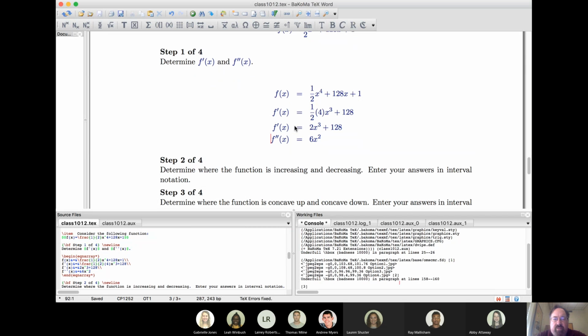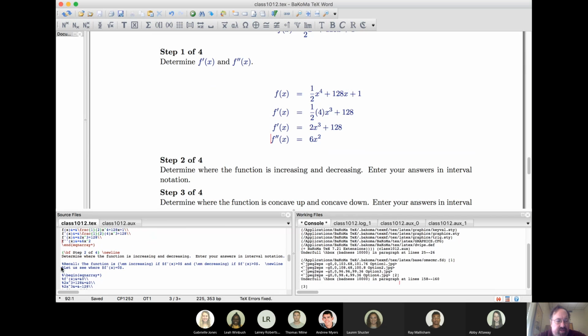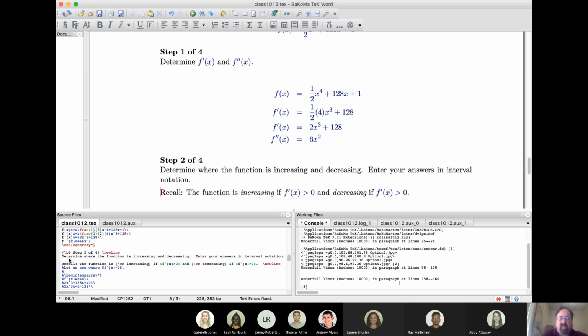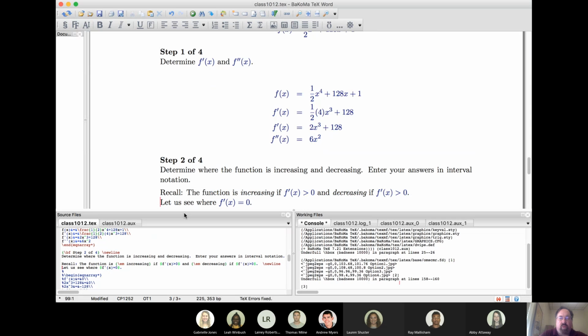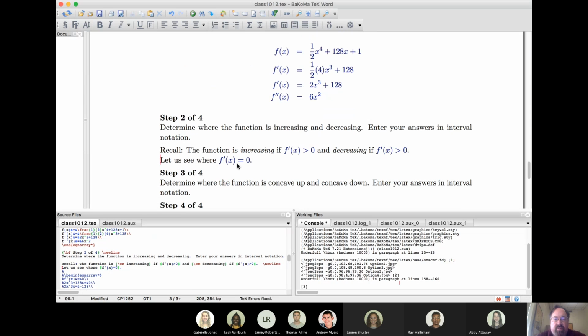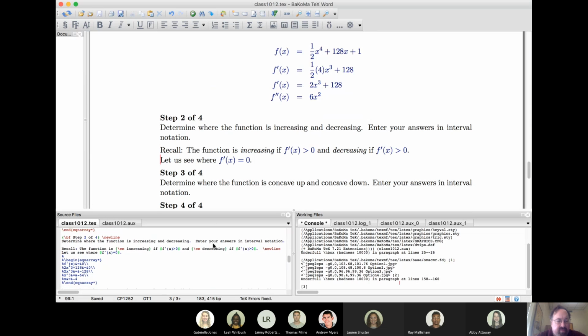So now we have a derivative. We're going to use the first derivative to determine whether a function is increasing or decreasing. So first we have to find out where a derivative is equal to 0, because that would mark any possible sign changes.